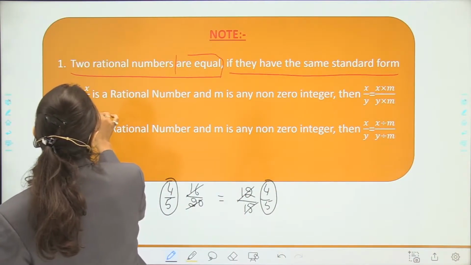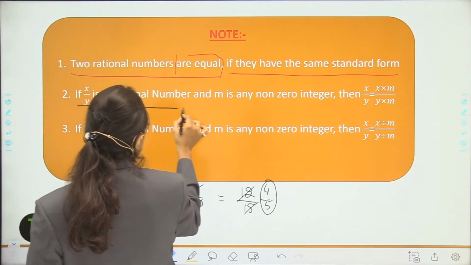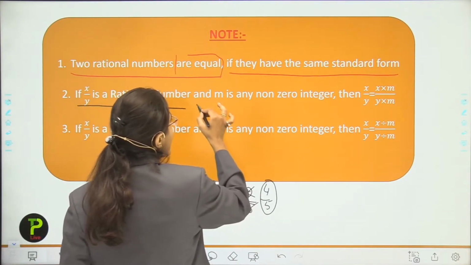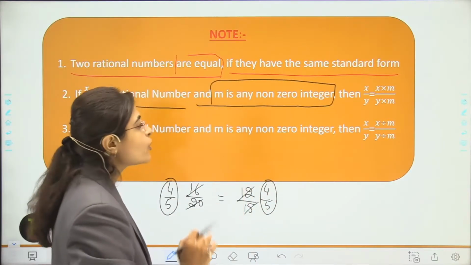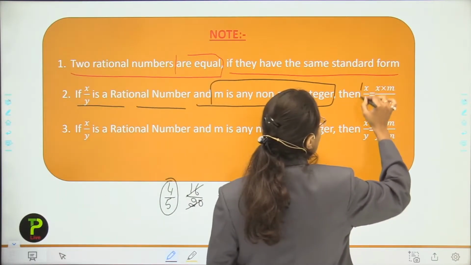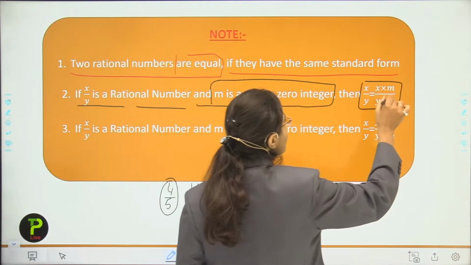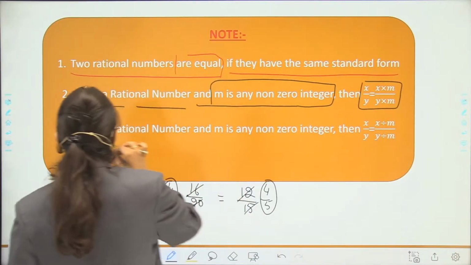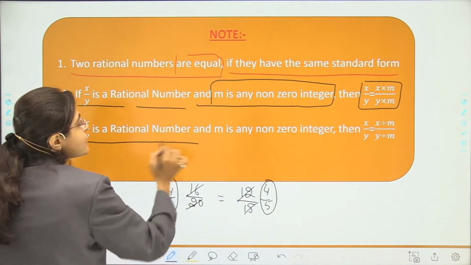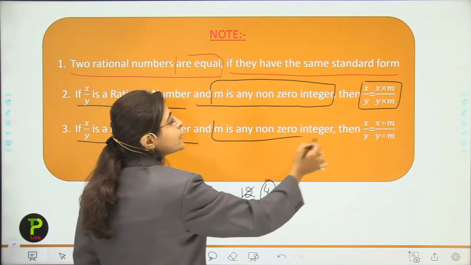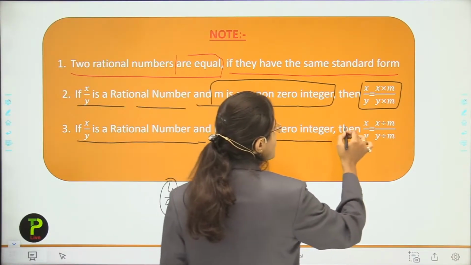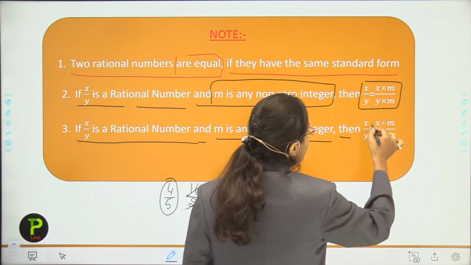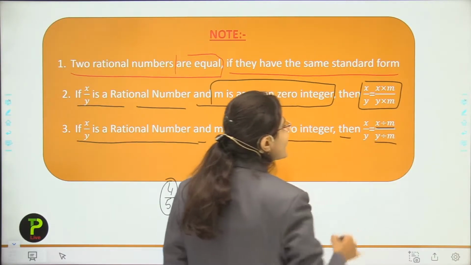If x by y is a rational number and m is any non-zero integer, then x by y is equal to x into m upon y into m. And if m is any non-zero integer, then x by y is equal to x divided by m upon y divided by m.